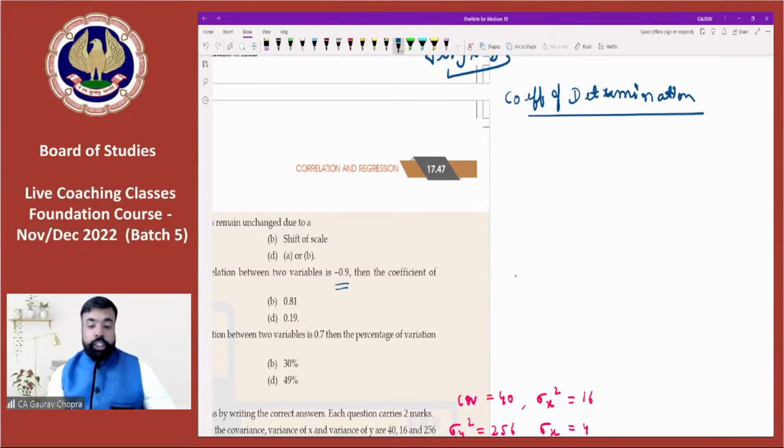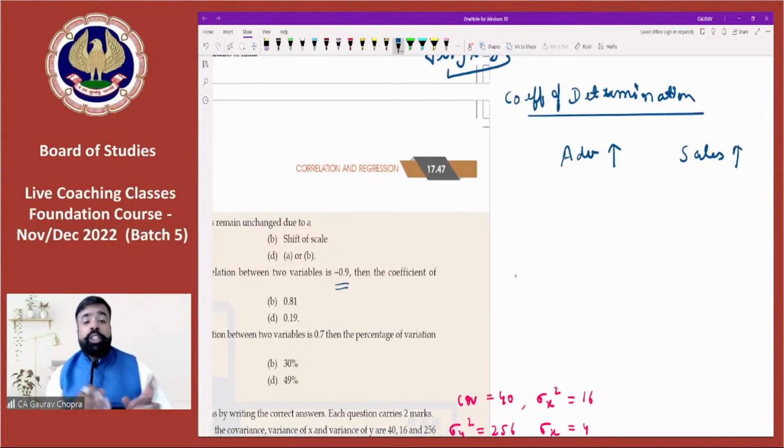Coefficient of determination. Let's say there are two variables. One is advertisement and the second one is sales. Now, if we try doing more advertisement, then what is the effect? Sales also increases.